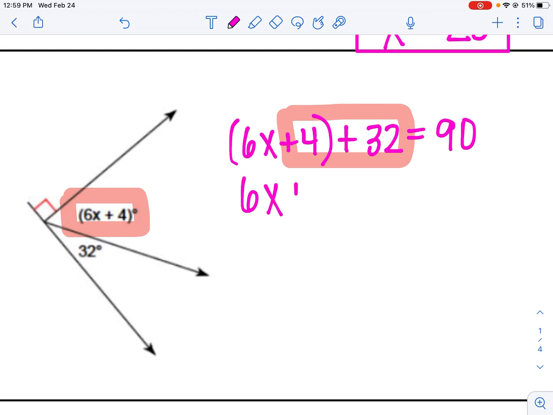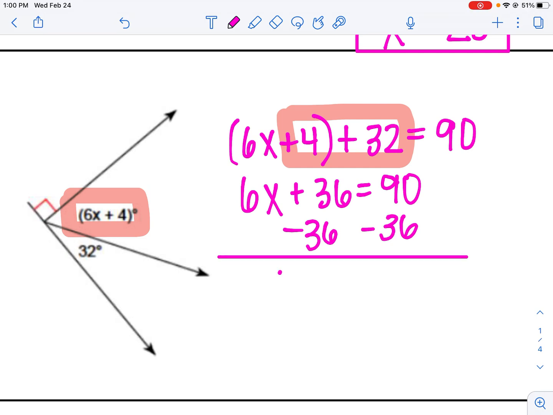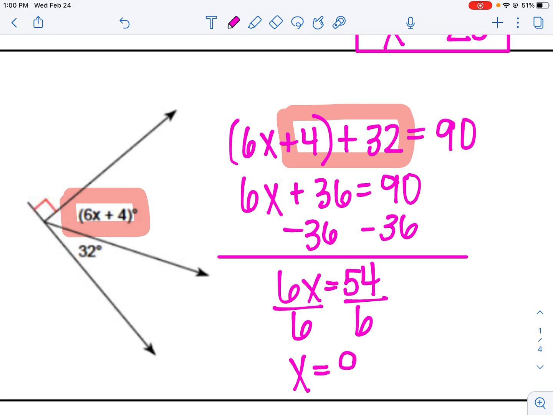So 6x plus 36 is equal to 90. This should be helping you review all those solving equation skills. So I'm going to take 36 away from both sides, and I get 6x equals 54. I'm going to divide by 6 on both sides, and x is equal to 9.